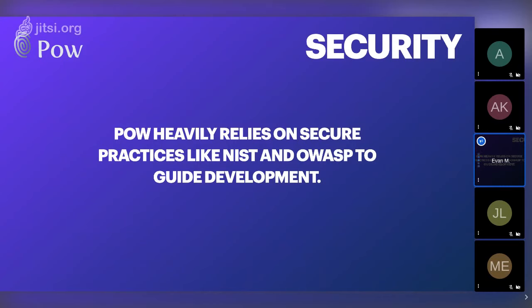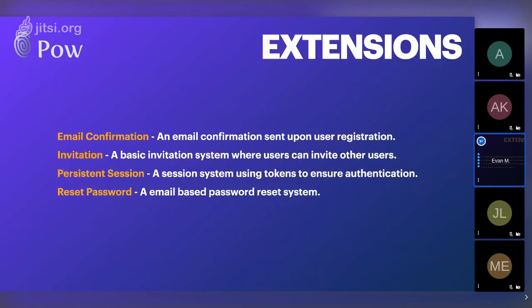So as I was saying earlier, some of the extensions are built into the base library of Pow. They are fairly easy to get started with. Though we're not going to be actually using any of these extensions during the live demonstration, they only take an extra 5 or 10 minutes to really get going.